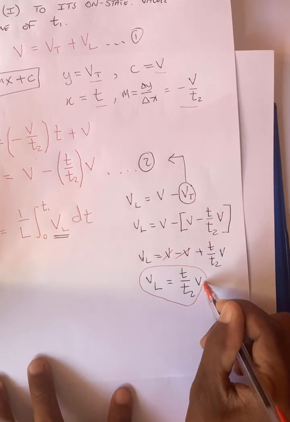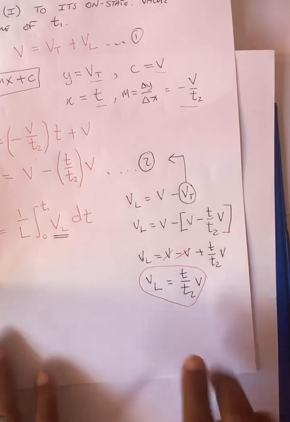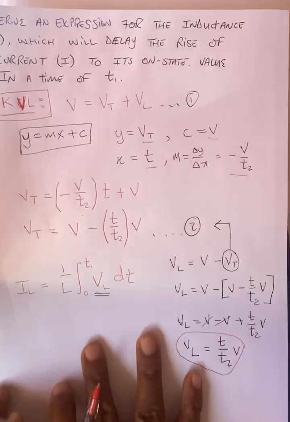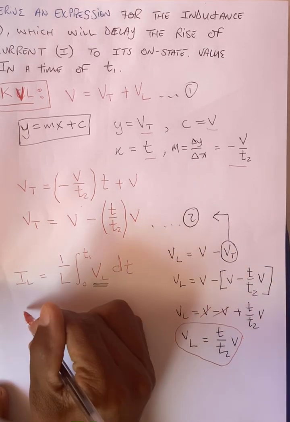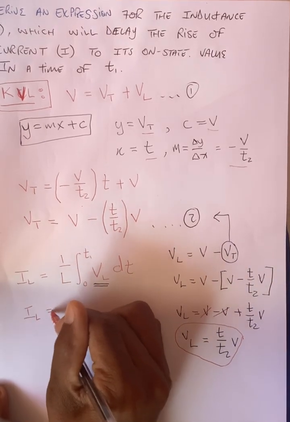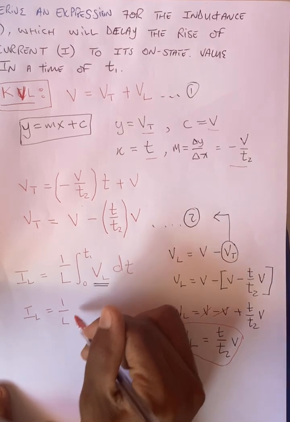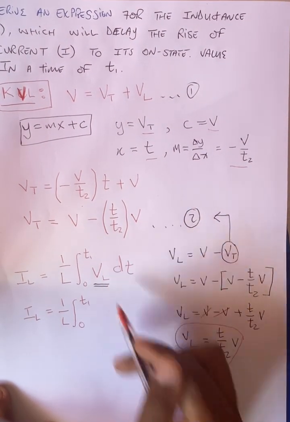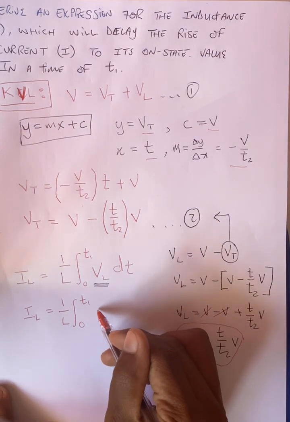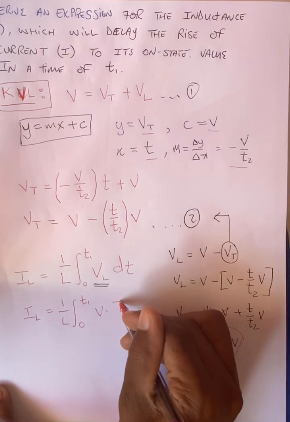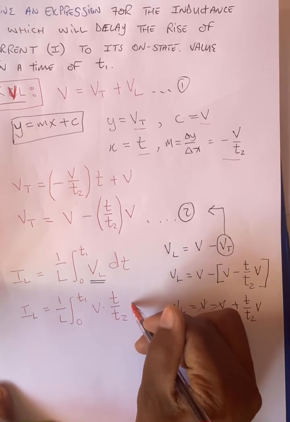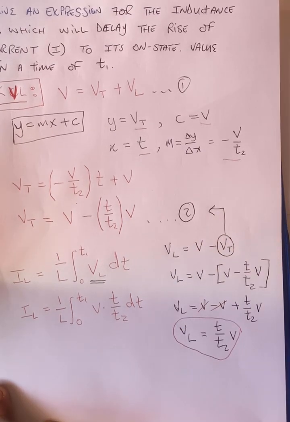So what are we going to do with this value? We are going to substitute this expression in here. So now we will have IL equals 1 over L, integral from 0 to T1, VL is just V times t over t2, dt.